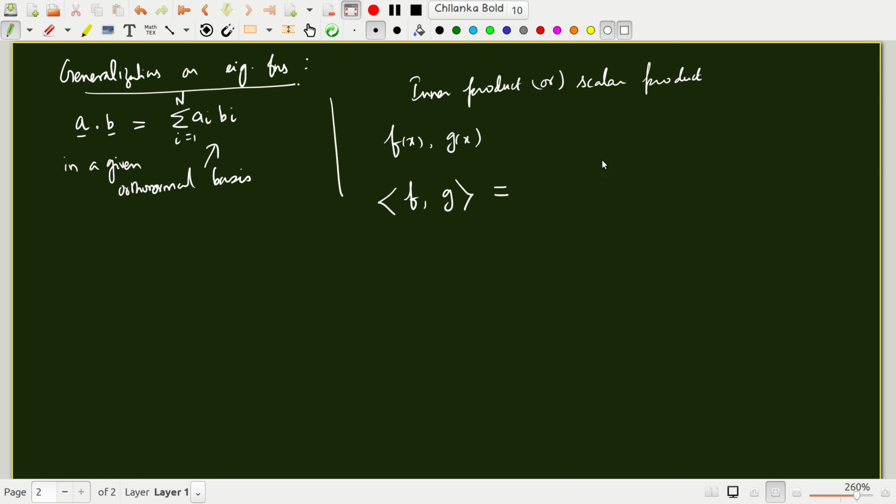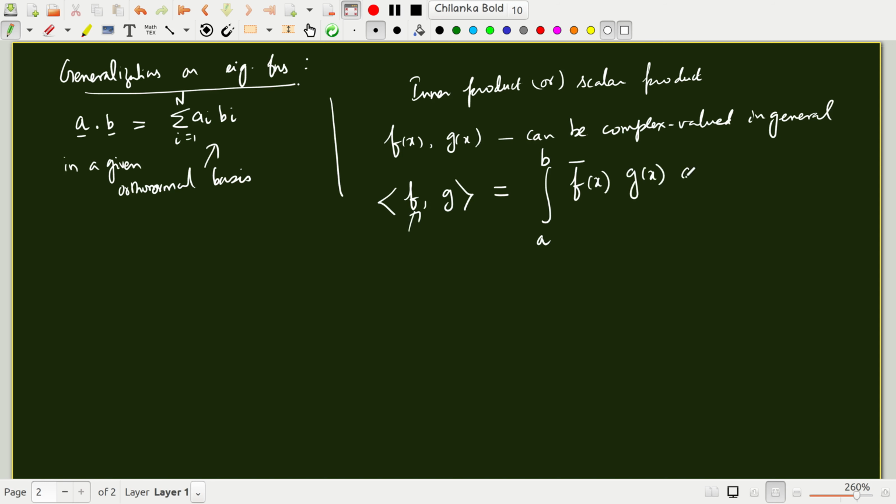Okay, now I am going to assume that f and g can be complex valued in general. In the previous module we discussed real valued eigenfunctions. If f and g are in general complex valued and they are defined in a domain between a and b, then the inner product is defined as the complex conjugate of the first function times the second function, integrated over the domain with dx.